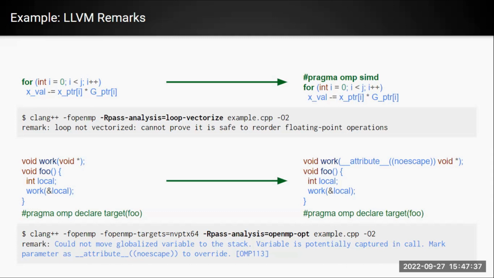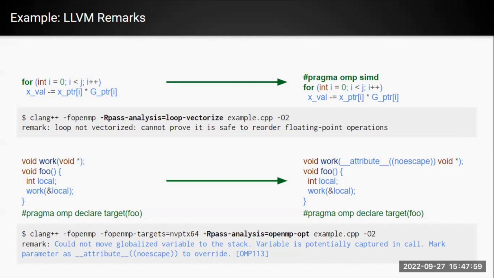This is not enough information to undo it. So we emit a remark and say, okay, we have this globalized variable that we found. It's potentially captured in this call. And if it's captured, the address of that local variable could be given to other threads.